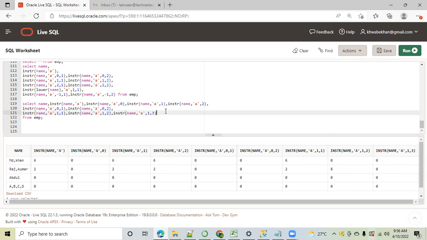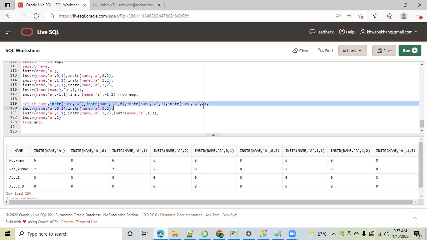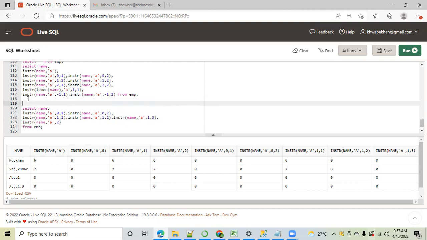Now, INSTR(name, 'a', 2). I'm just keeping 2 here. Let me remove all these things from here.